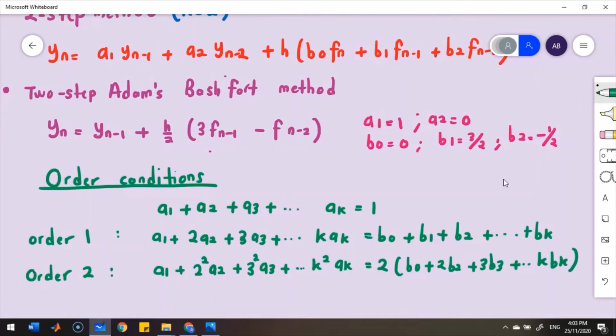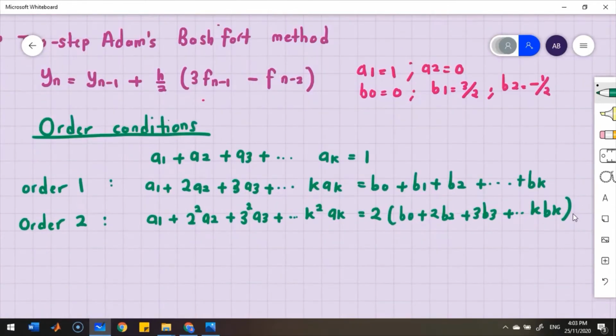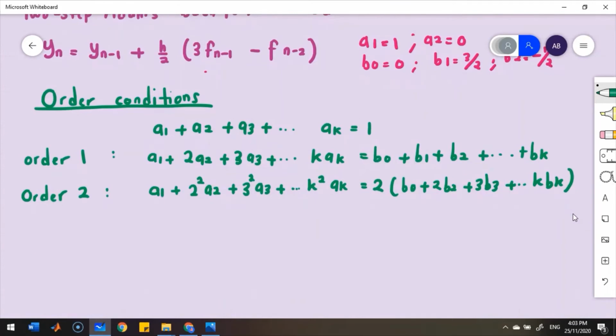I'm just going to show you up to order 2, so the rest you can find on my slides. The rest meaning, if I have order p, what does order p mean?